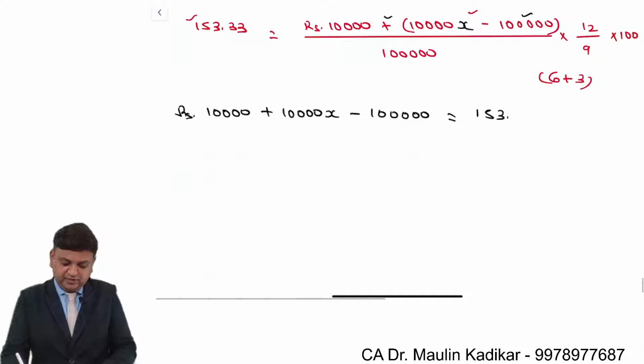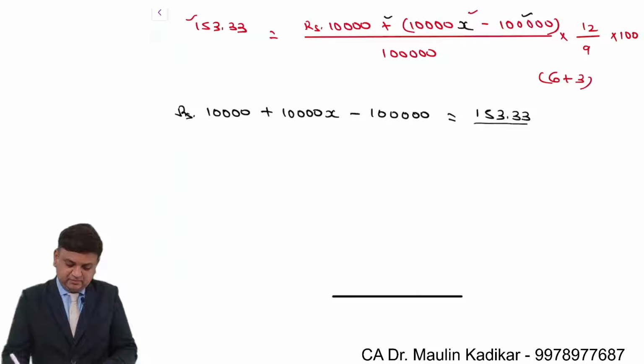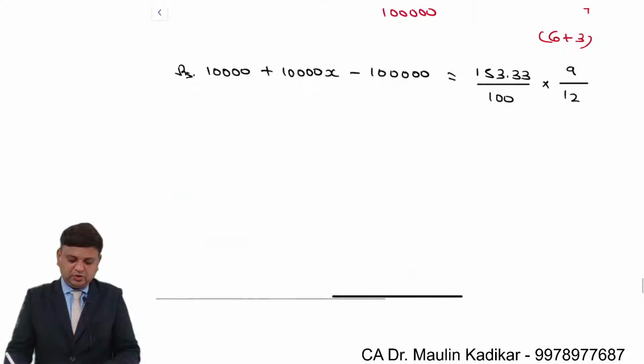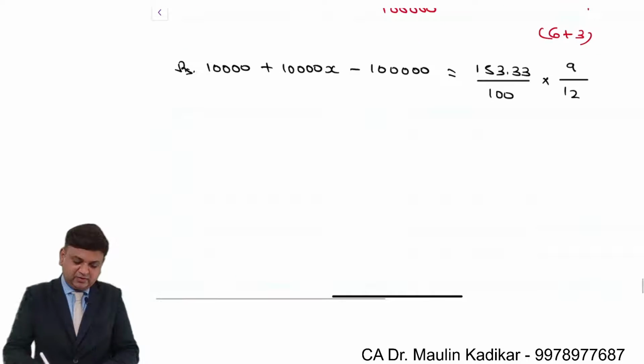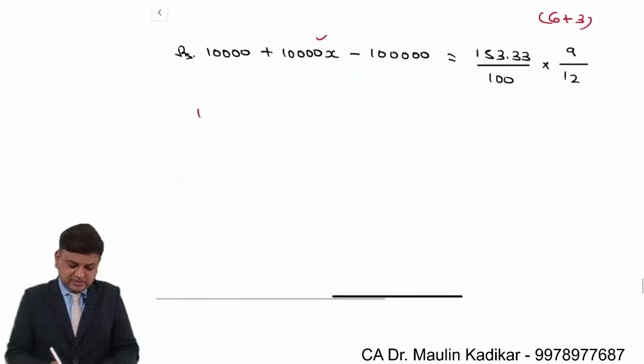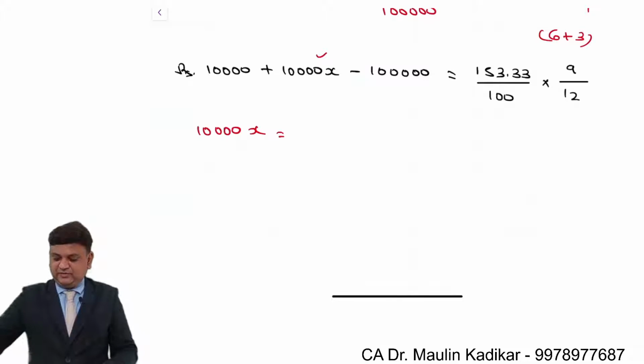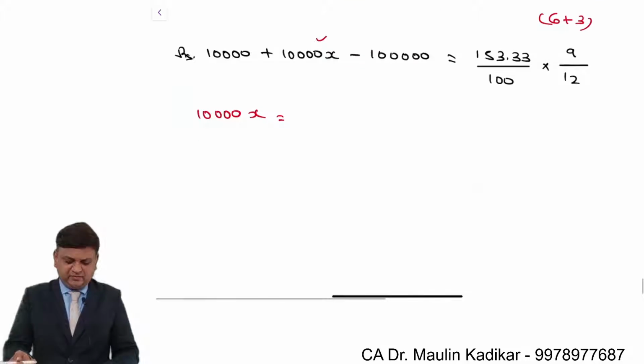So it is 153.33 divided by 100 into 9 divided by 12. Okay, so again you can understand that we are required to make this calculation. So it is 10,000 into X is equal to, please use your calculator, 153.33 into 9 divided by 12 divided by 100. That comes to 1.15 approximately.